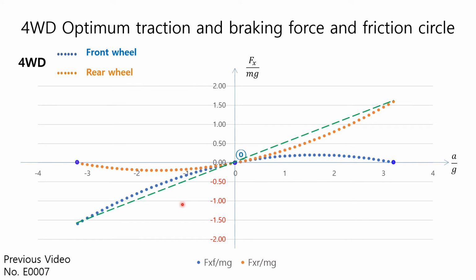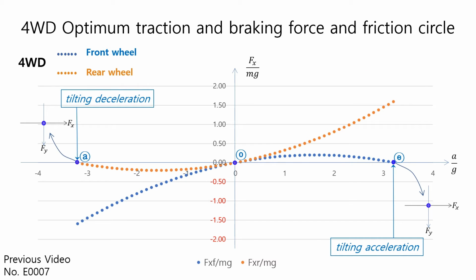The dotted two graphs show on the vertical axis the optimal frictional force required for the front and rear wheel when a vehicle with the same weight distribution on the front and rear wheels accelerates or brakes with the acceleration or deceleration corresponding to the horizontal axis. Please be careful, FXF and FXR are forces applied to one of the front or rear wheels, not to the two front wheels or the two rear wheels. The sum of the two frictional forces results in a total resultant force, resulting in a green dashed straight line.